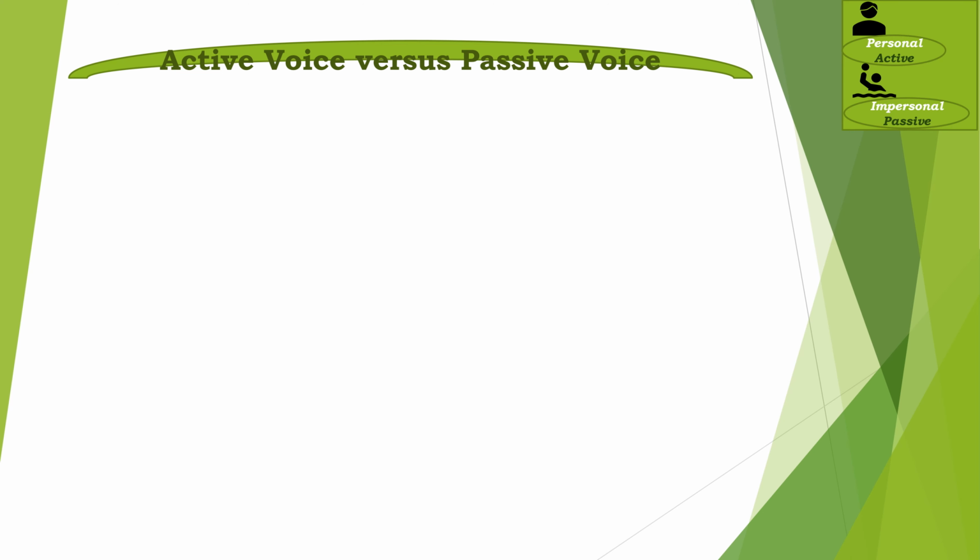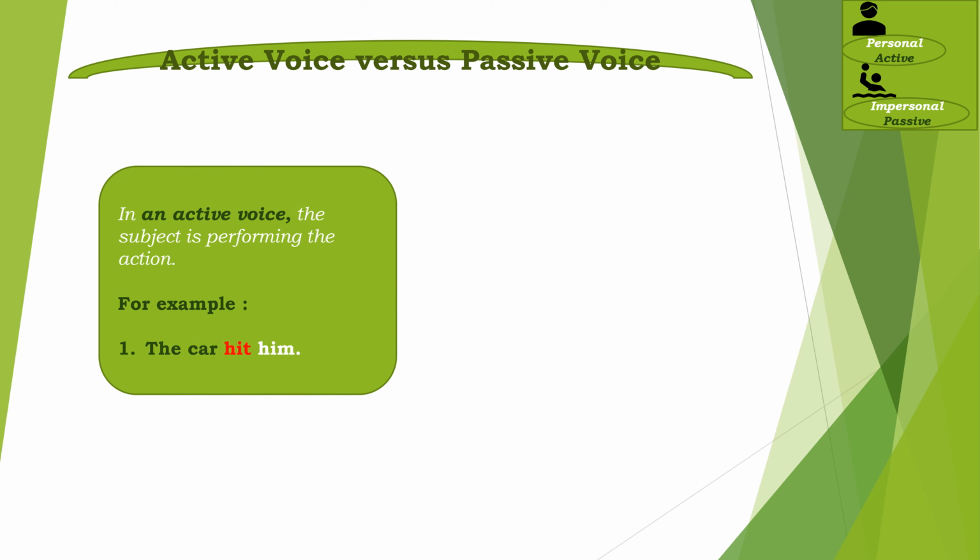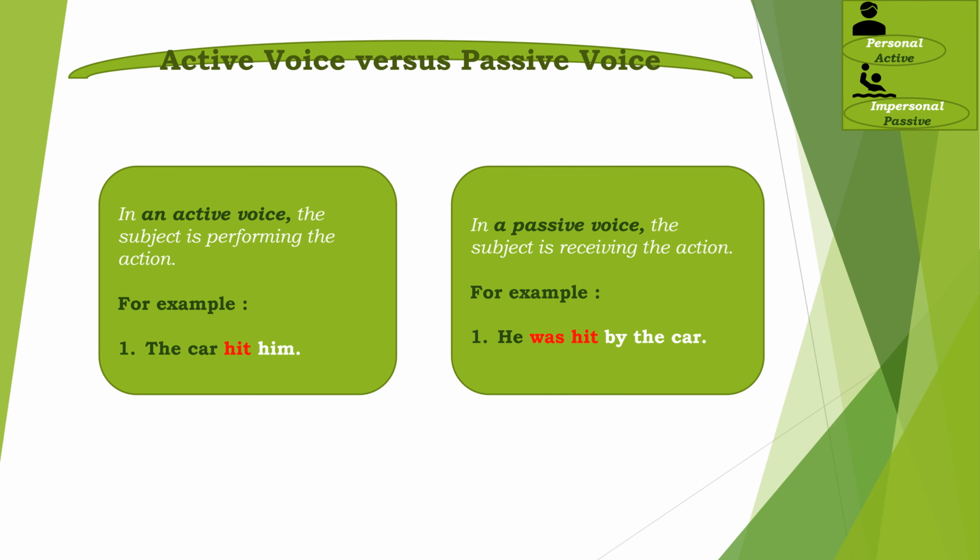Active voice versus passive voice. Let's have a look at another example of active voice and passive voice. In an active voice, the subject is performing the action. Take a look at this example. The car hit him.